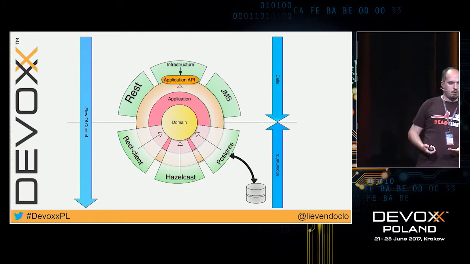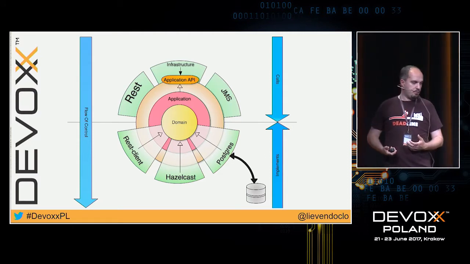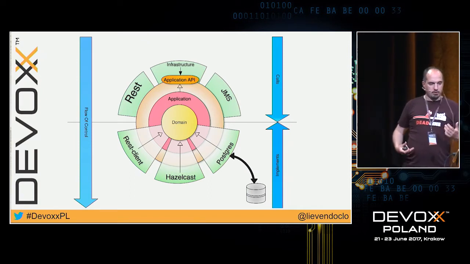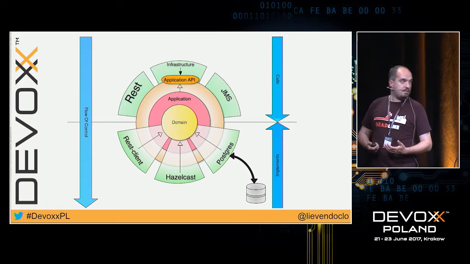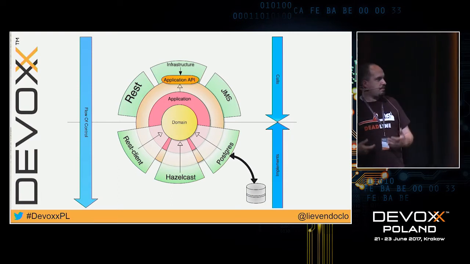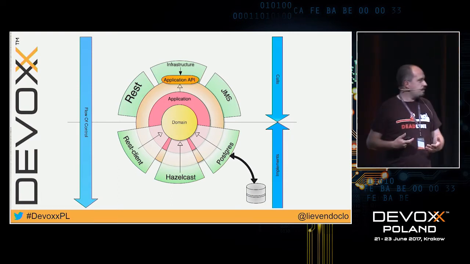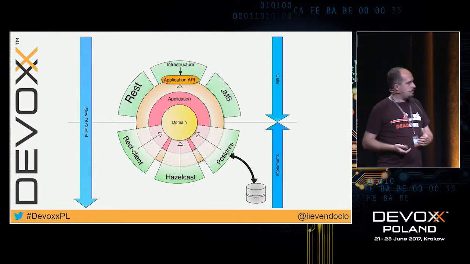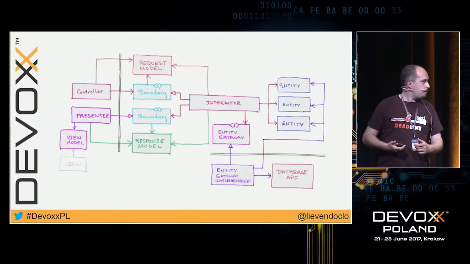So your flow of control will always be from top to bottom, but thanks to dependency inversion, you're going to have certain blockades in your architecture that make sure that everything stays nicely compartmentalized.